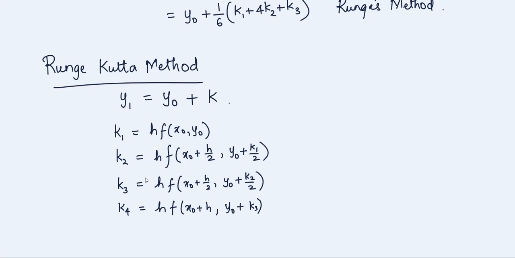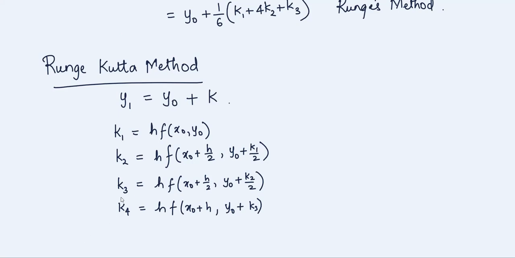So it is easy to remember. This is much better than Runge's method. The second step is x0 plus h by 2, y0 plus k1 by 2, the previous step. The third step, x0 plus h by 2, y0 plus k2 by 2. The last step, the fourth one, x0 plus h, y0 plus k3.